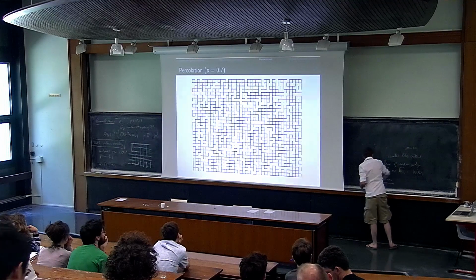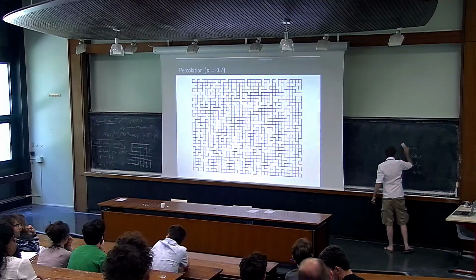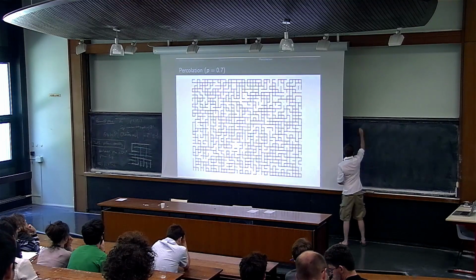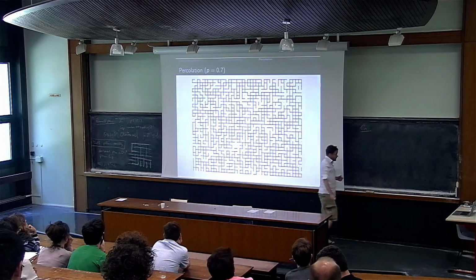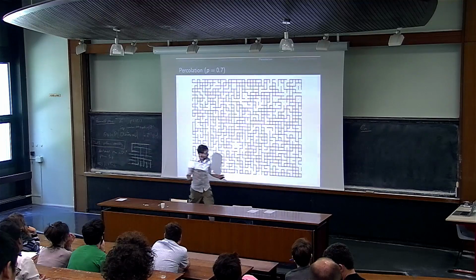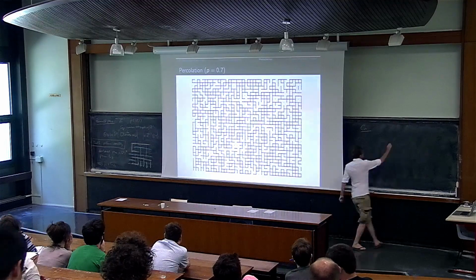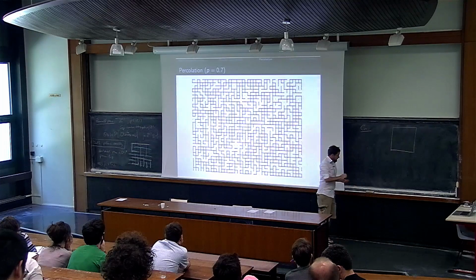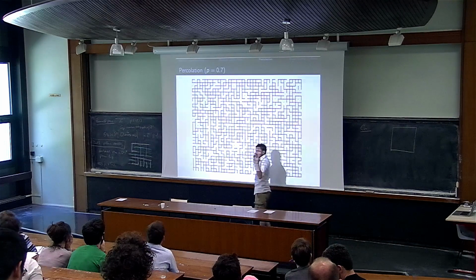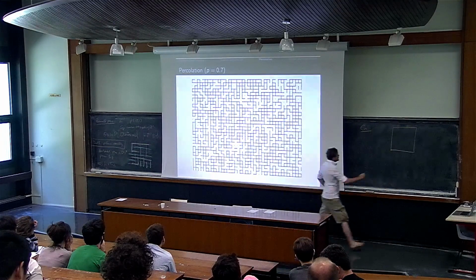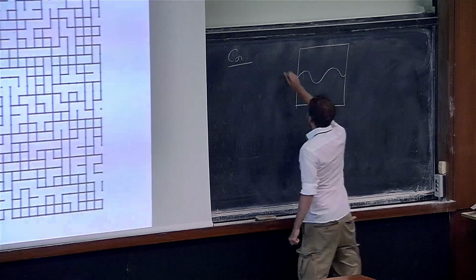So one corollary of the planar duality is this. So corollary. If you take a large box of n by n, like this, and you look at the event that there is a path spanning from left to right in this box. So this is the probability.